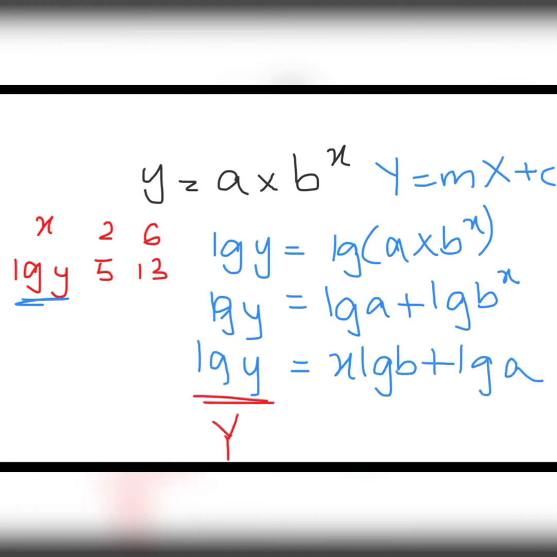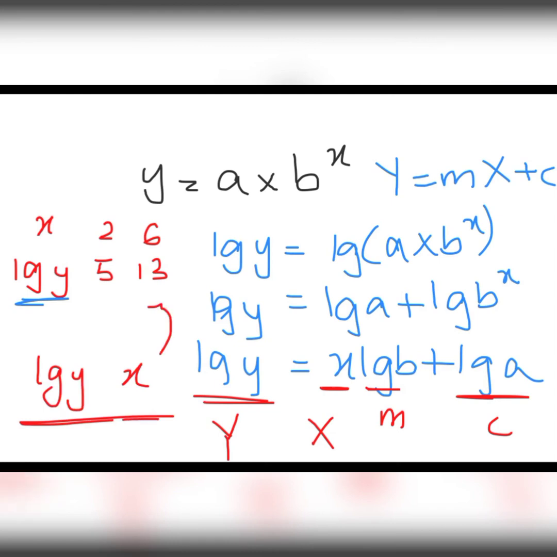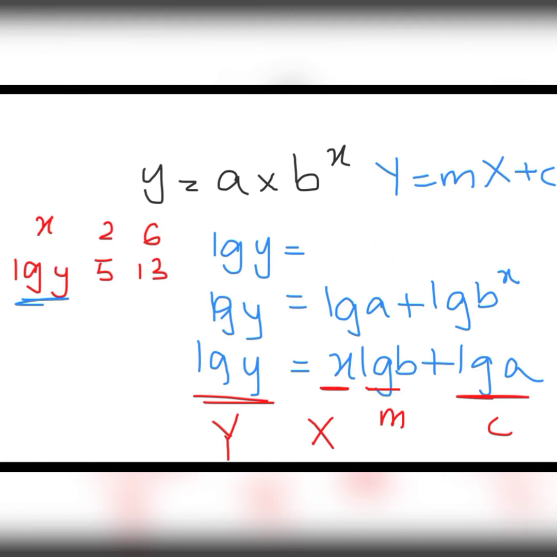Lg y becomes capital Y, lg b becomes m, capital X remains x, and lg a becomes the y-intercept. So now you can see that when we plot capital Y against capital X, we're actually plotting lg y against x. And this is exactly the graph that they gave us. So we have our equation in the form lg y is equal to x lg b plus lg a.